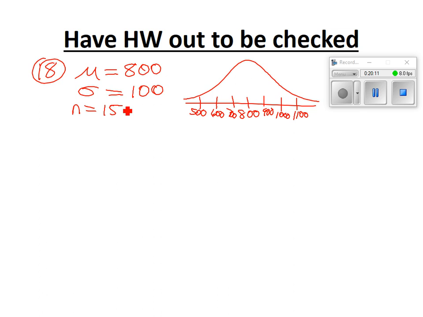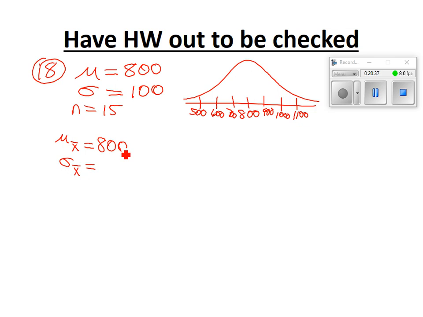So we got this. What's the first thing we have to find so that we can look at the sample means? Every time, the first thing we have to find is the mu of the sample means and the standard error, or standard deviation of the sample means. What's this? 800, that stays the same. You can't get that wrong on the test next week.